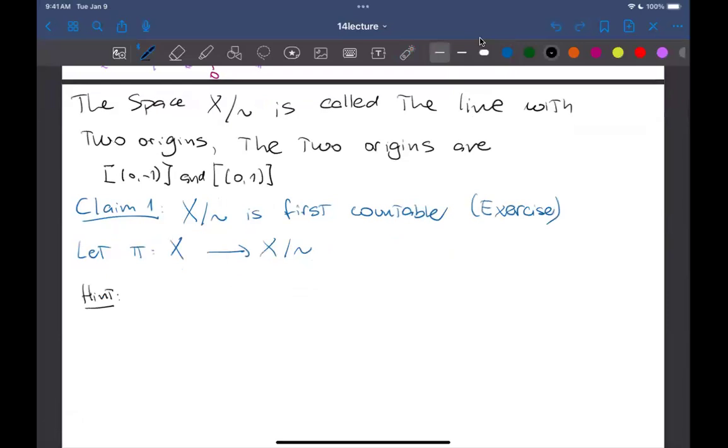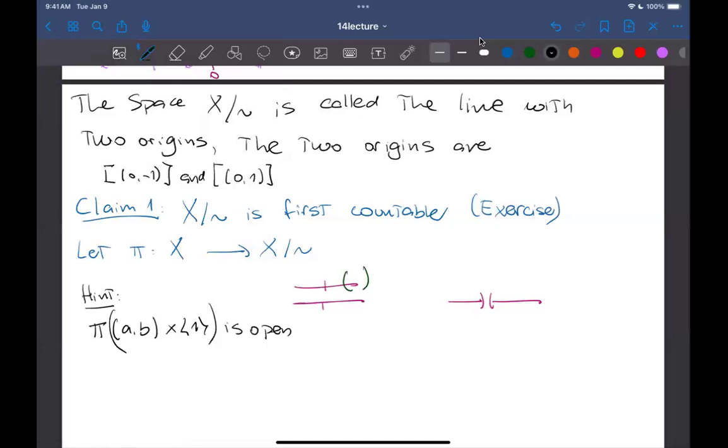Well, we have something like this. We have the line here with two origins, and you have the two lines here, 0 and 0. So what I wanted to prove is that if you take an open interval (a, b) cross 1, so that means I'm taking an interval here, this is going to be open.